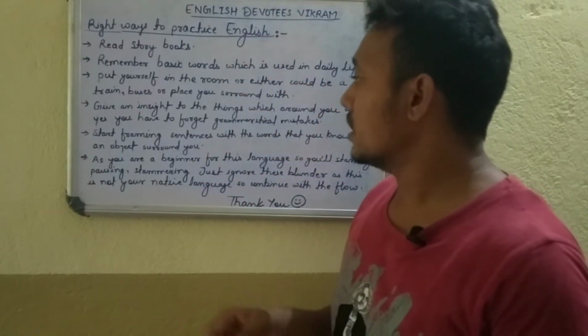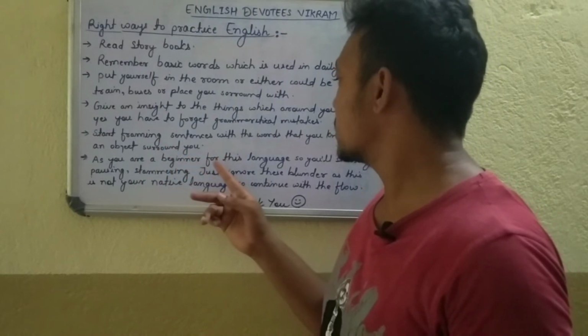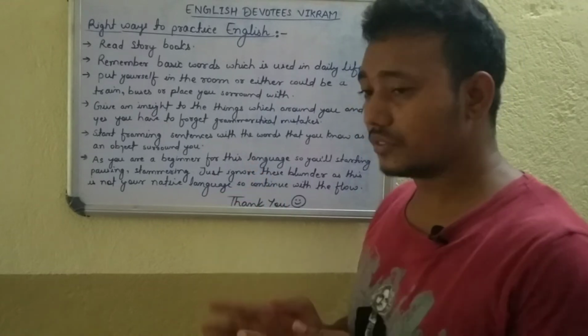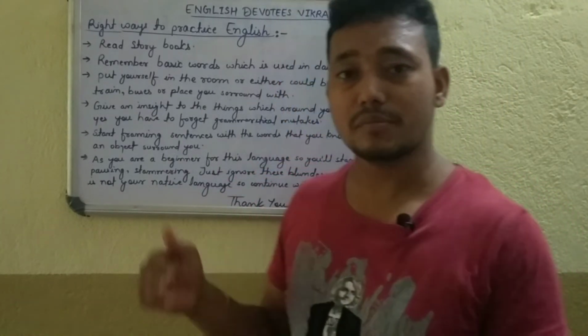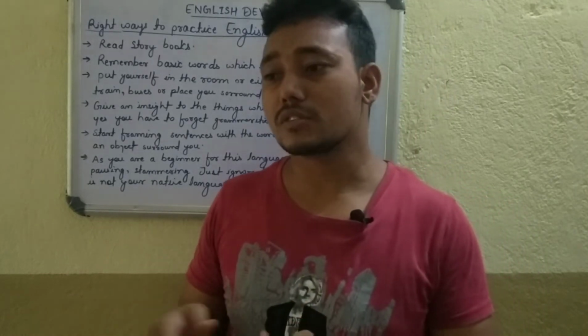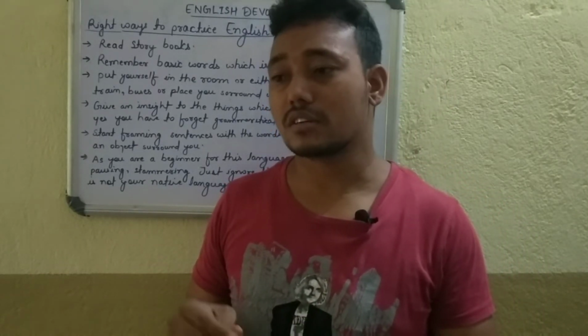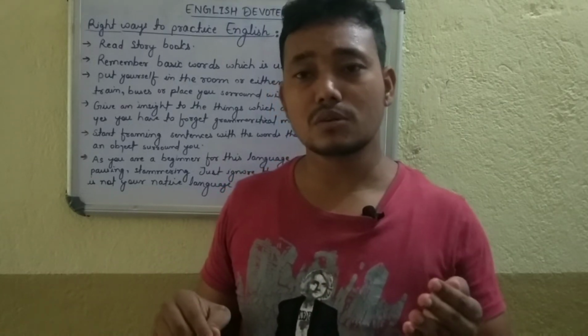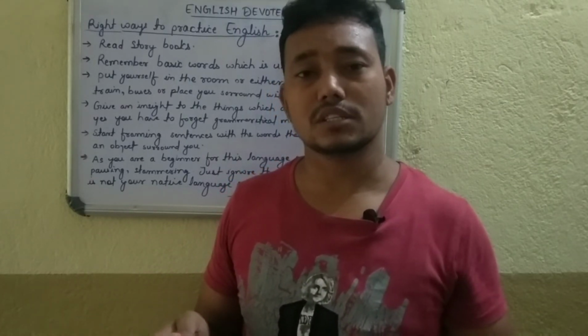Now the next step is to start framing sentences with the words that you know, as objects surround you. Just the same thing, the sentences have been repeated. Whenever you are stuck with an object, you are unaware of what this particular object's specific meaning is, then you should go to Google and get to know the particular object's name, right?